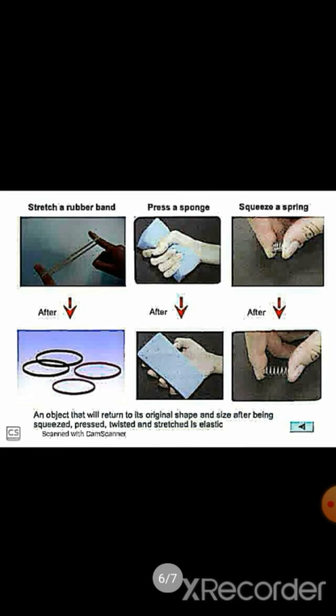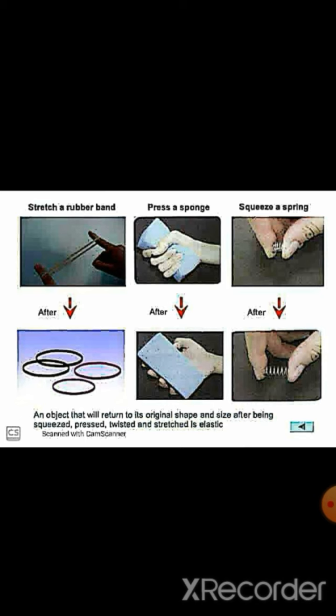Now, in the figure, you can find a rubber band, a piece of sponge, and a spring. When you stretch a rubber band, you can observe that it changes its shape. It gets elongated.